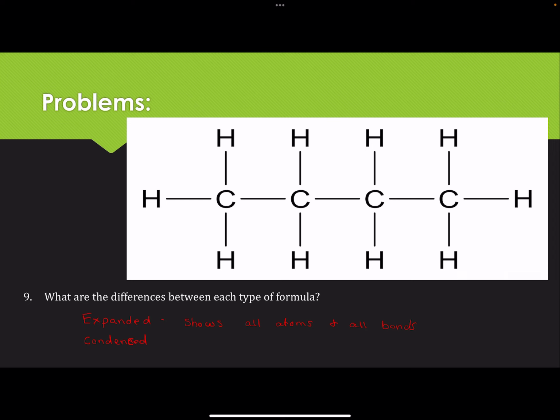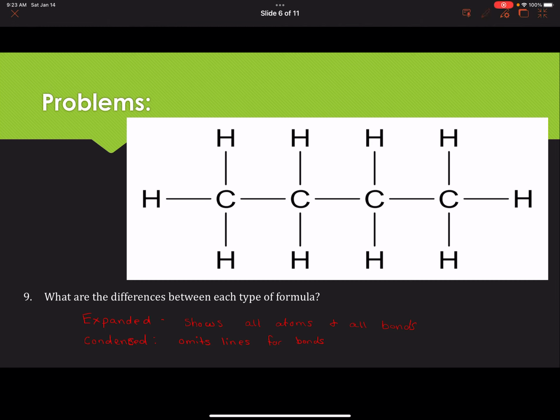Condensed formulas, which we're not seeing an example of here, but we can look at an example. A condensed formula is going to omit the lines for our bonds. So an example here, we would have this first grouping, CH3.